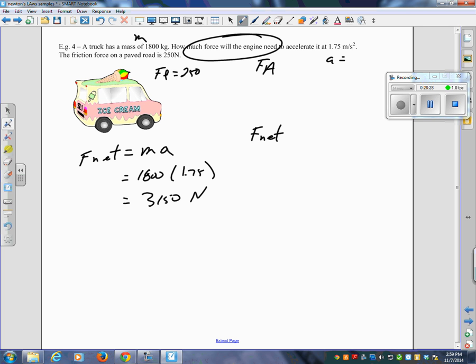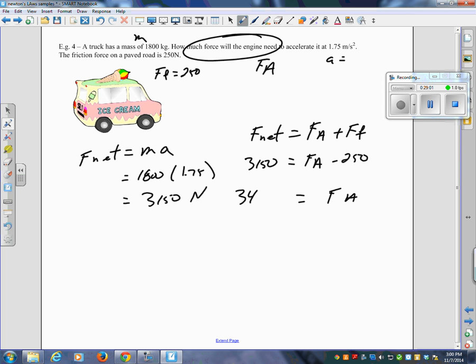F net is equal to applied force plus friction force. And when I explain it to you, you will go, oh yeah, that makes sense to me now. What is the net force? 3,150. What is the applied force? Something we need to find. What is the friction force? Minus 250. But when you isolate the applied force, the minus 250 goes to the other side and becomes plus.